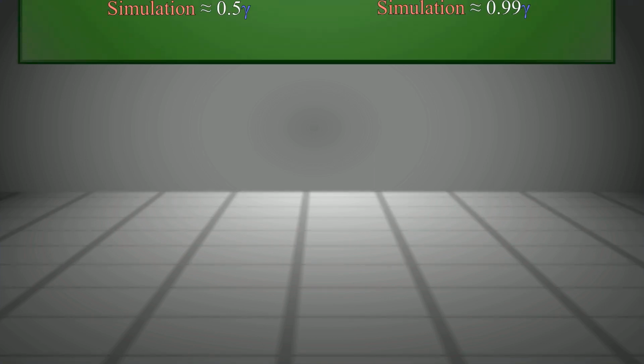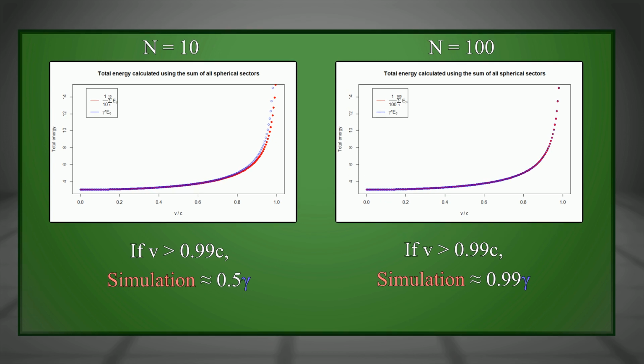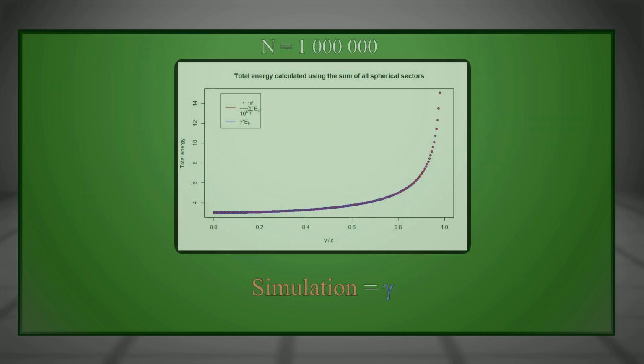The precision of the Lorentz factor is dependent on the number of sectors which divides the whole sphere. We can see that although 10 sectors does not yield a factor close to the expected formula, 100 sectors has a mere 1% discrepancy at high velocities. 1,000,000 different sectors results in exactly the Lorentz factor with more or less 10 to the power of -8% of discrepancy.